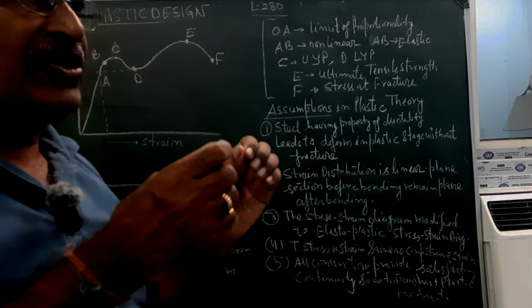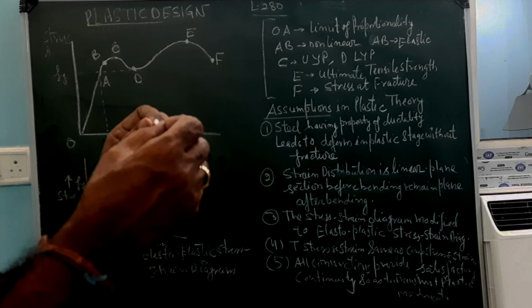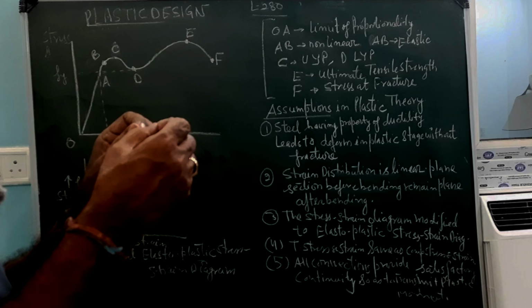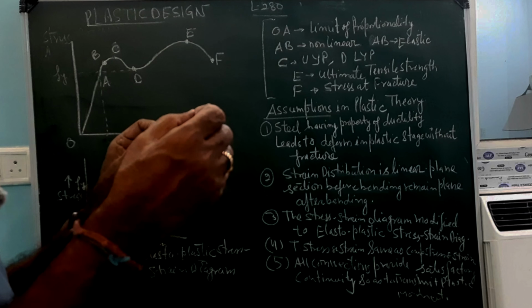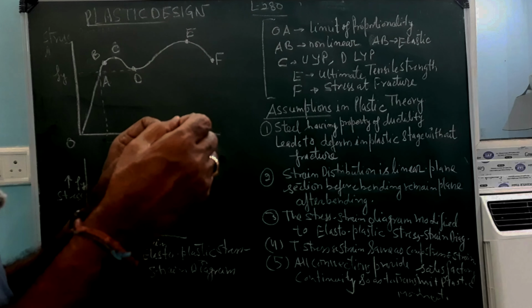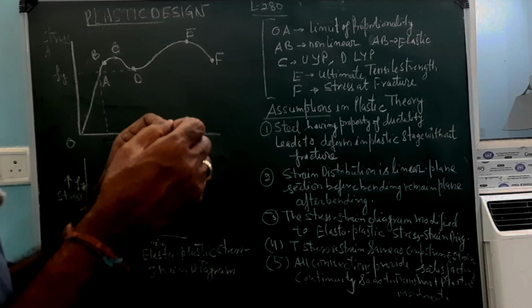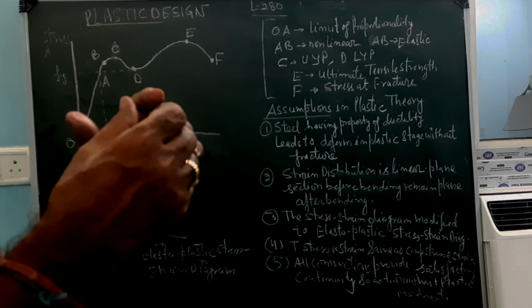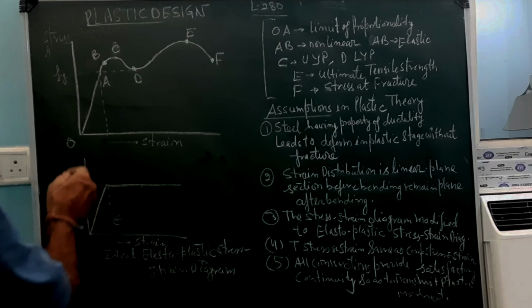If a steel rod is there, if you try to pull it, then it will get some stress, and strain will be developed. That will be increased. But if you remove the stress, the strain comes to its original position and the shape remains same.